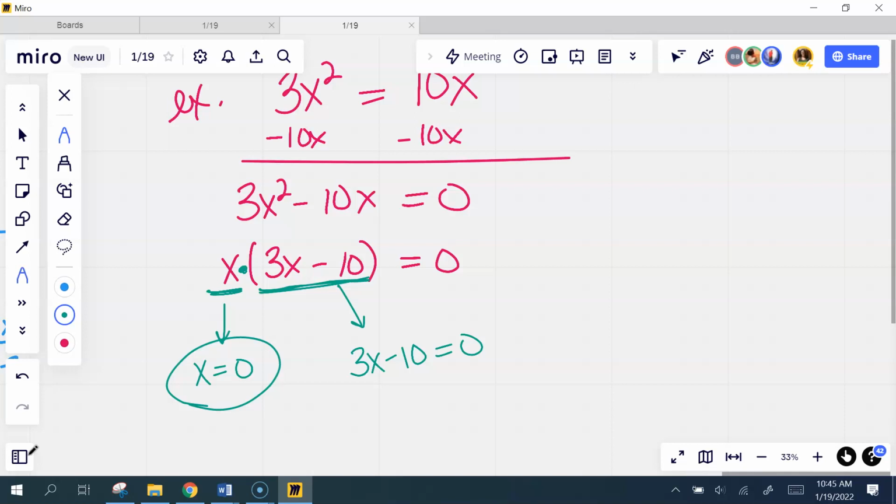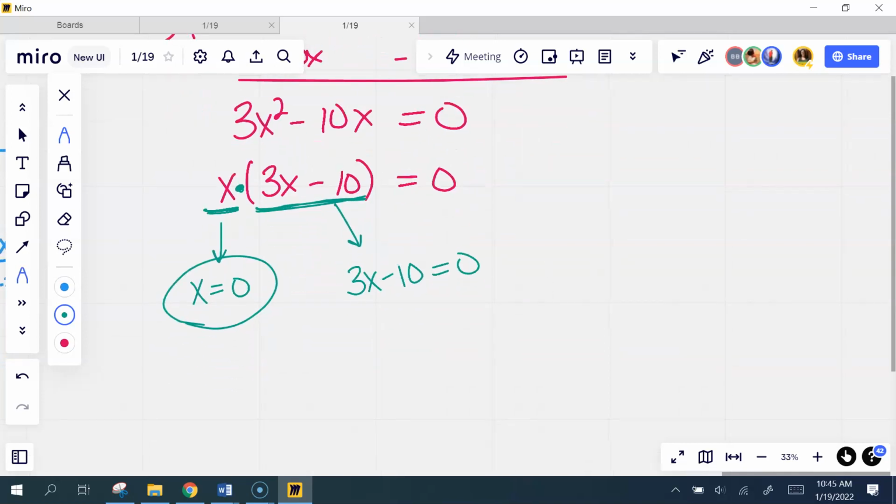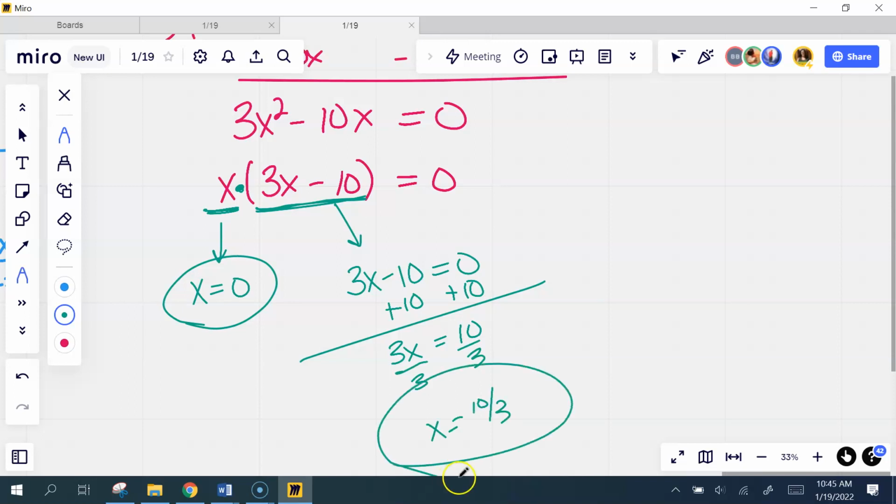How do you solve that one? What do I do? Plus 10. And then what? Divide by 3. Leave it just like that. Don't try to do anything else with it. There are my two answers.